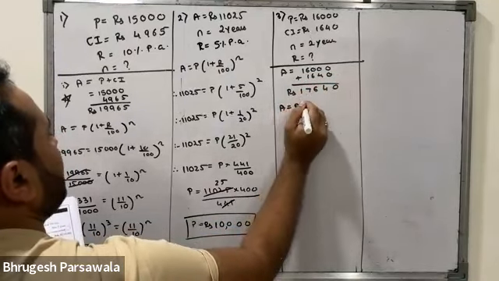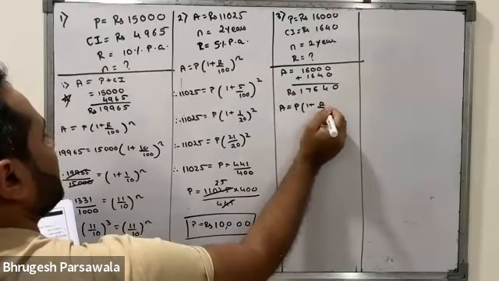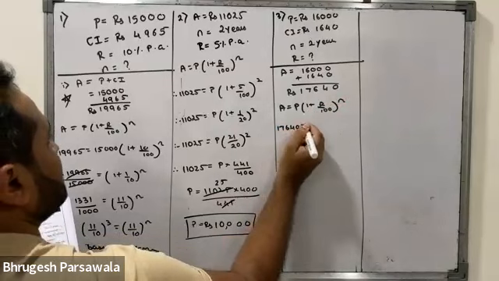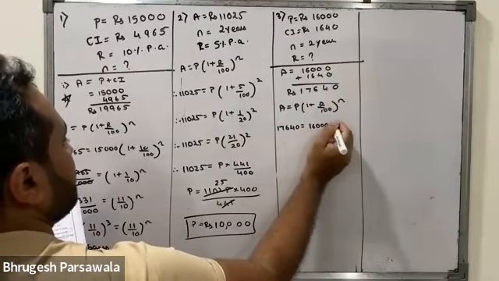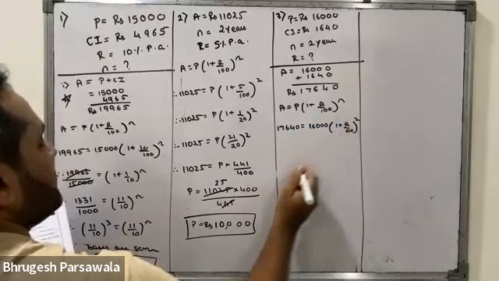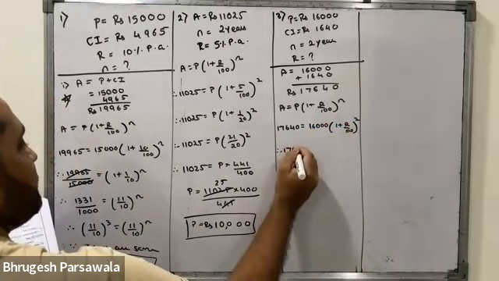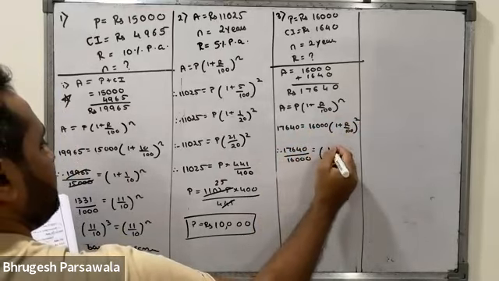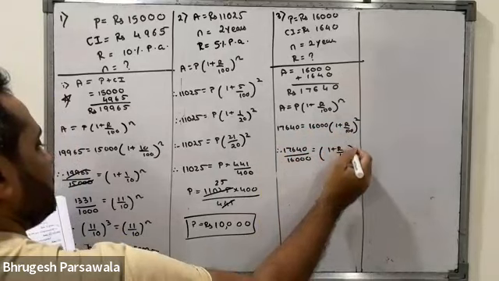Now we all know amount equals principal (1 plus R upon 100) raised to N. 17640 equals 16,000 (1 plus R upon 100) raised to 2. Therefore, 17640 upon 16,000 equals (1 plus R upon 100) raised to 2.